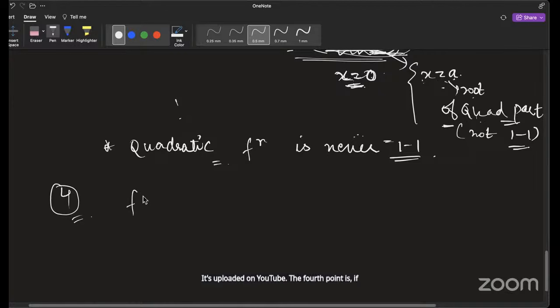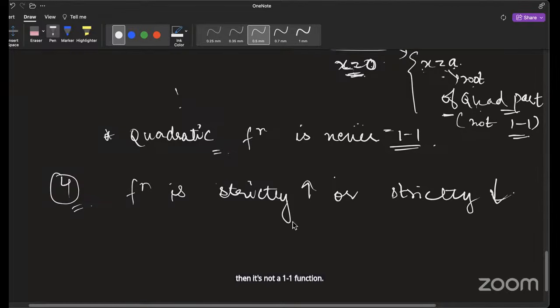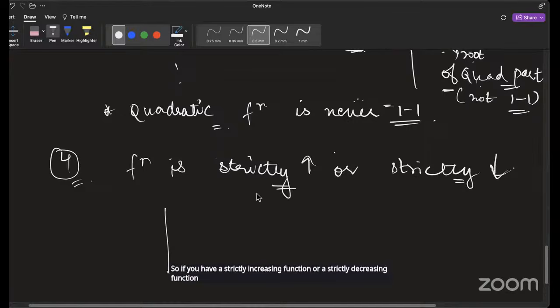The fourth point is, if your function is strictly increasing or strictly decreasing, then it's a 1-1 function. Strictly means, what does strictly increasing mean?